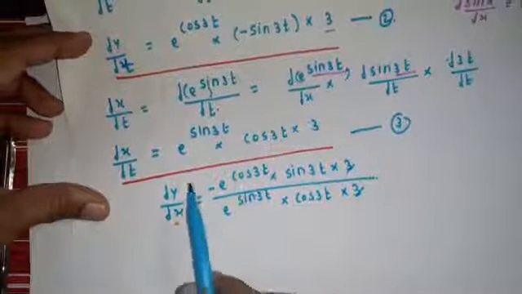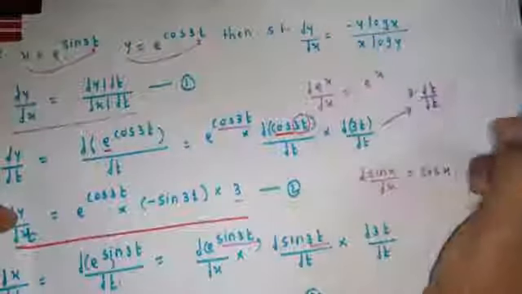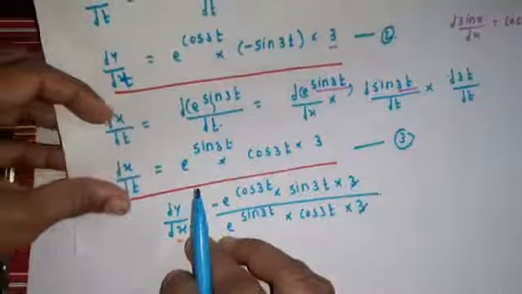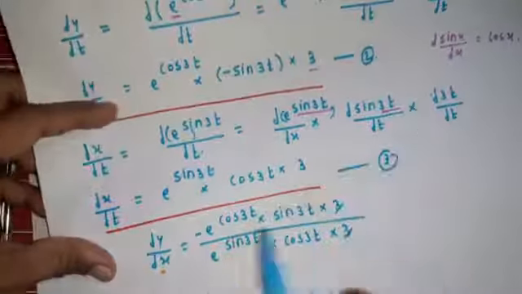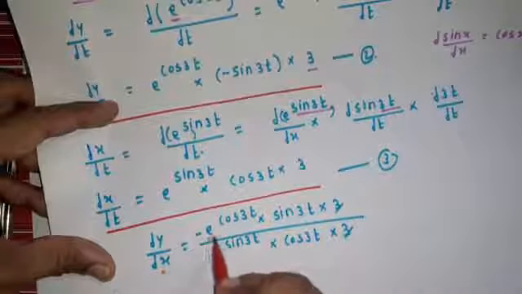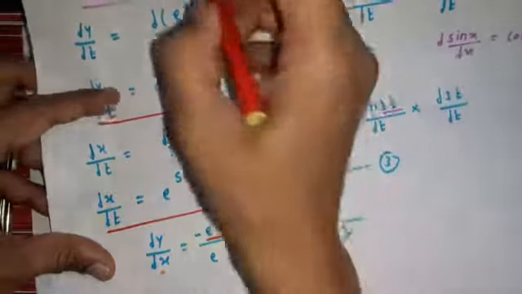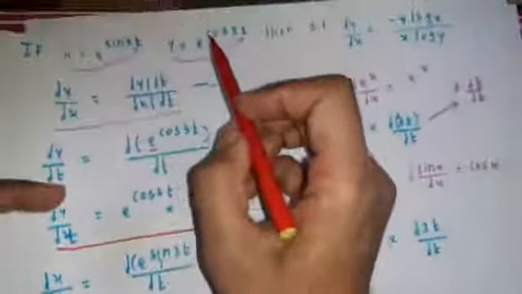But we have to prove that dy by dx equal to minus y log of x upon x log of y. If you observe dy by dx, one thing you will observe is that this e raised to cos of 3t is the value of y.